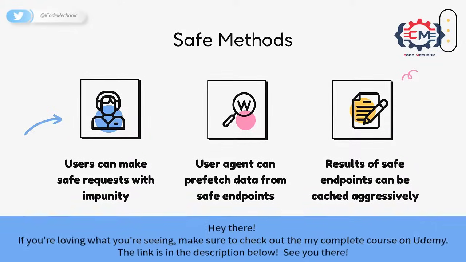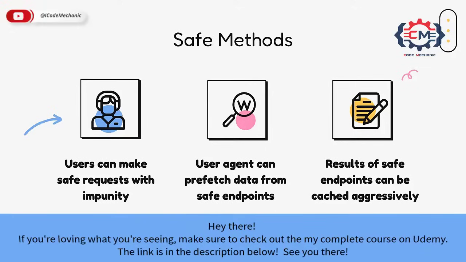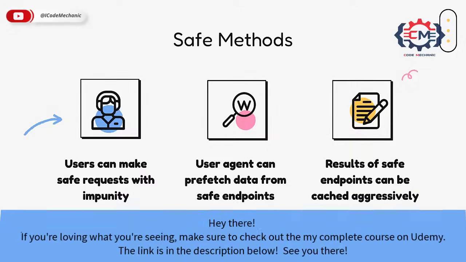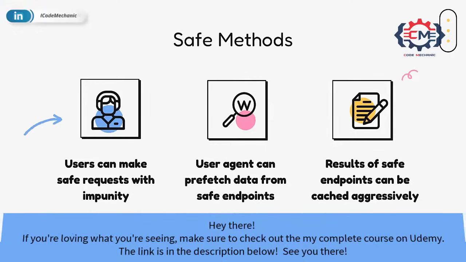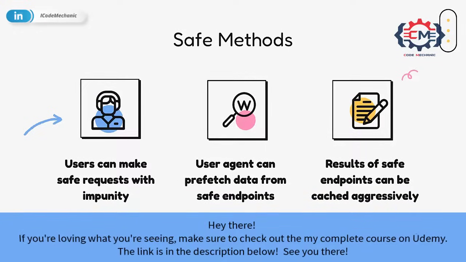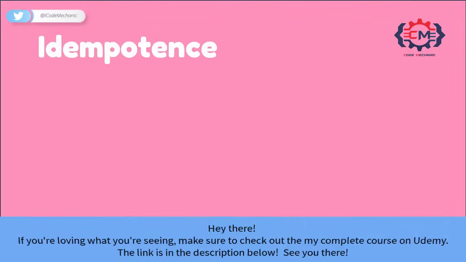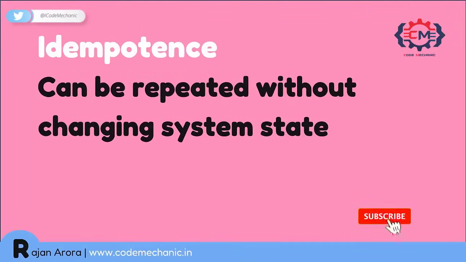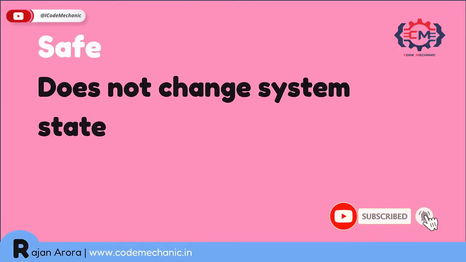Links to read or view other documents or pages are typically just fine. But clicking on links or buttons with labels like delete or buy now or checkout are probably much more likely to cause problems. Remember, idempotence means that the operations can be repeated without changing system state, while safe means that it does not change system state.